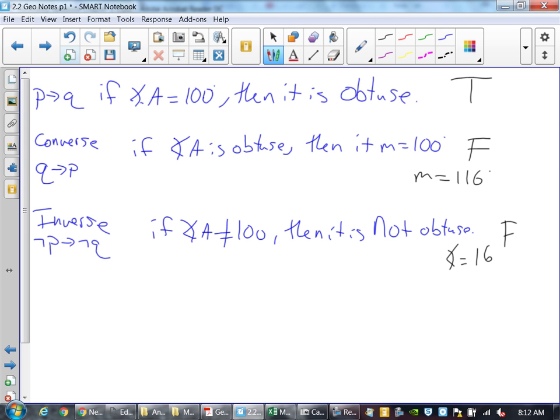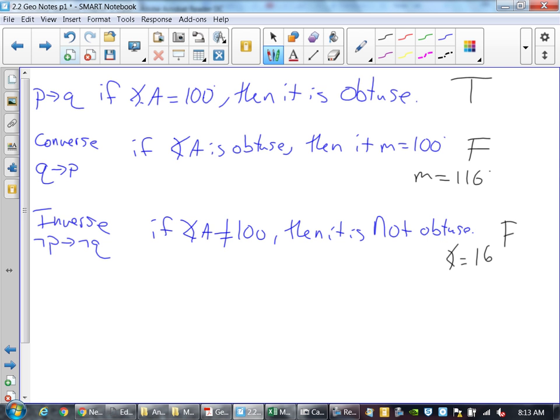All right? So, a counterexample is it could be any other angle measure, which means it could be an acute angle, it could be a right angle. You could still say that if it was 115 degrees again, well, that negates your counterexample, then it would have had to have been obtuse, all right? A lot of times you'll start to see that the two counterexamples that you use in the middle, you can kind of use the same one a lot of times.